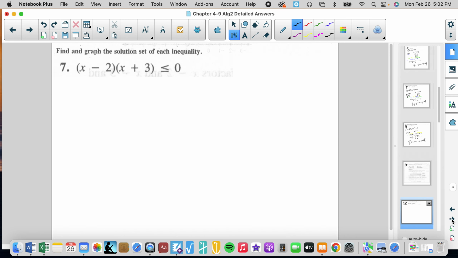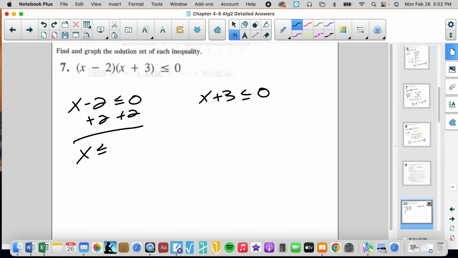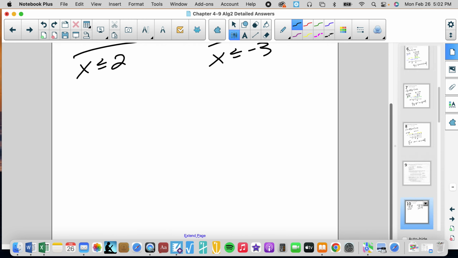Oh, yes. All right, we're not even going to look. We're going to go: x minus 2 is less than or equal to 0, x plus 3 is less than or equal to 0. Add 2. We're going to do it slowly. Minus 3, minus 3. We're going to show all of our work. Okay, let's do our sign.